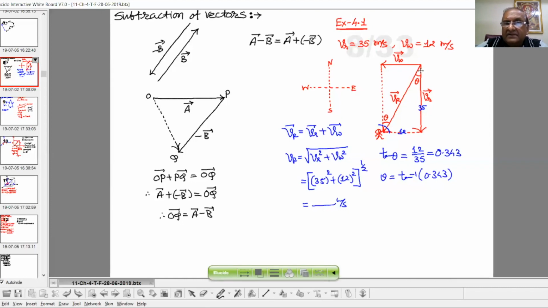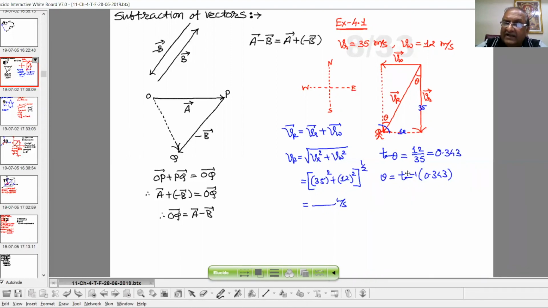Now, this particular angle made by rain with respect to vertical, tan theta equals opposite upon adjacent. So that is 12 by 35, and that will be 0.343.